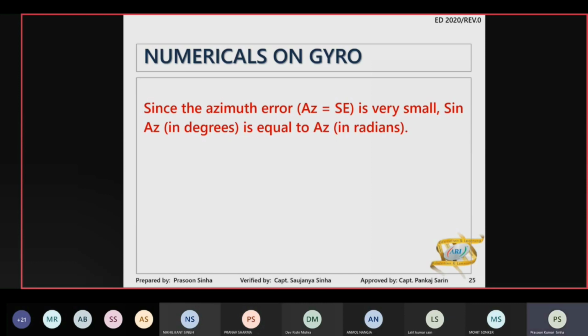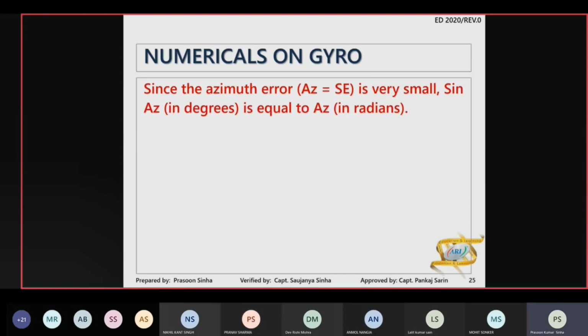So sin azimuth in degrees can directly be taken as the same value as the azimuth error in degrees. What do we mean to say? For example, since the azimuth error or SE is, let us say, 1 degree, can you please tell me the value of sine 1 degree? Please calculate and tell me.